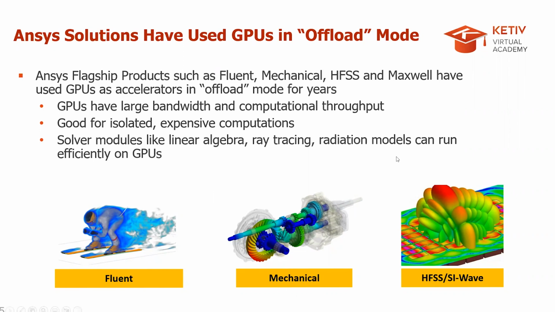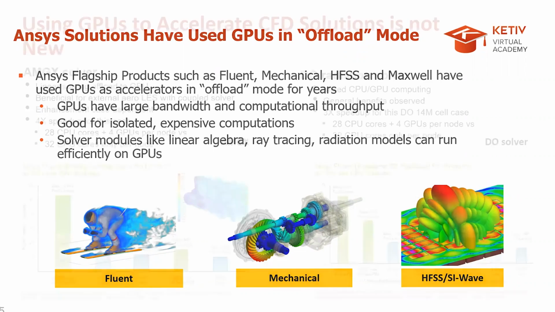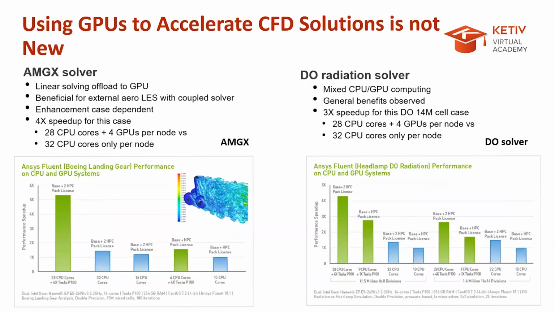Anytime you're using, say, for example, the coupled solver, wherein you're doing linear algebra, matrix inversion, ray tracing, or maybe radiation models, then these isolated kernels can be offloaded to the GPUs while the rest of the calculations are taking place on the CPU. So you end up using a combination of CPUs and GPUs when you're using GPUs in the offload mode, okay?